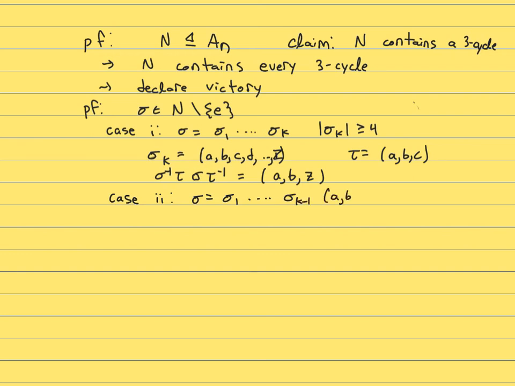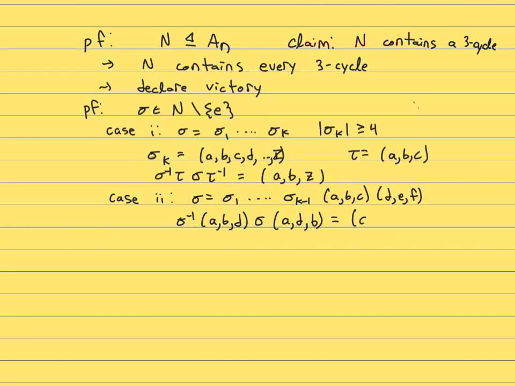Let's say A, B, C, D, E, F. Then you can check that if you compute sigma inverse times ABD times sigma times ADB, note that this is the conjugate here, then you will actually get a 6-cycle.